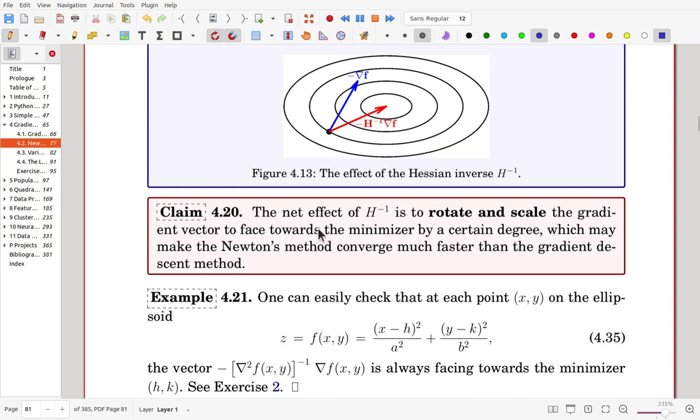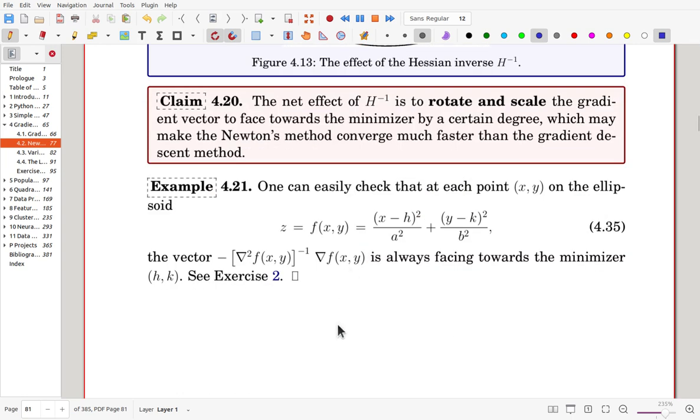The net effect of H inverse is to rotate and scale the gradient vector to face toward the minimizer by a certain degree, which may make Newton's method converge much faster than the gradient descent method.